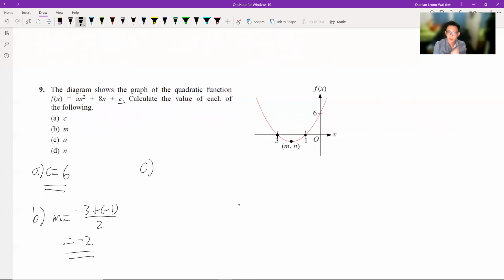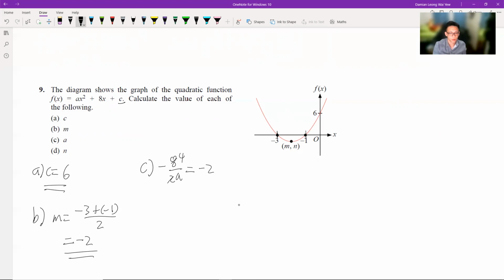Part C, value of a. To find a, again, there are two ways. I can use the axis of symmetry, or I can use any of the x-intercept points. If I use -b over 2a, that would be the easiest. Means -8 over 2a equals your axis of symmetry, -2.